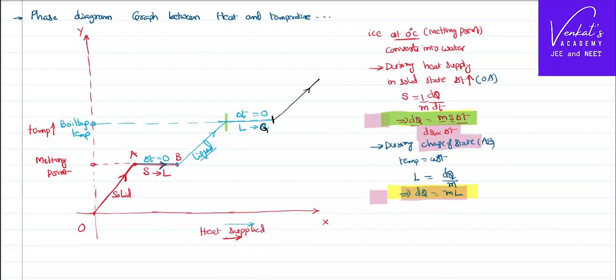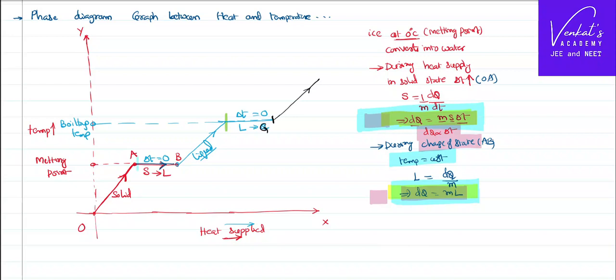From all this, I want you to understand one simple thing: whenever there is a change in temperature and the substance is in one single state, for dQ I shall use the formula m s delta T. Whenever there is a change in state, temperature remains constant, and for dQ we shall use m L. These are the two regular formulas that we use in calorimetry and thermodynamics, right?